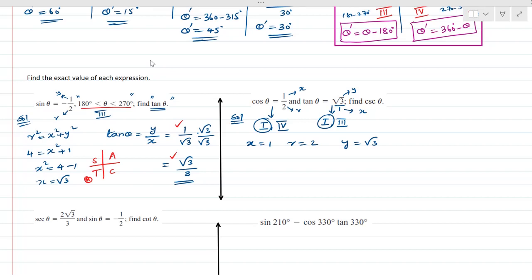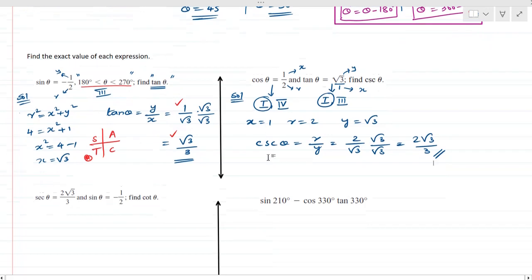Now what about the cosec? Cosec theta is nothing but r over y, which is 2 over root 3. I have to rationalize, multiply by root 3 over root 3, which equals 2 root 3 over 3. That's it. Since it is in the first quadrant, all are positive. We can leave it.